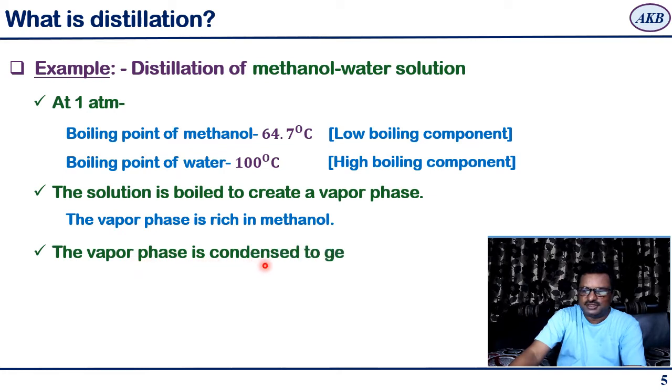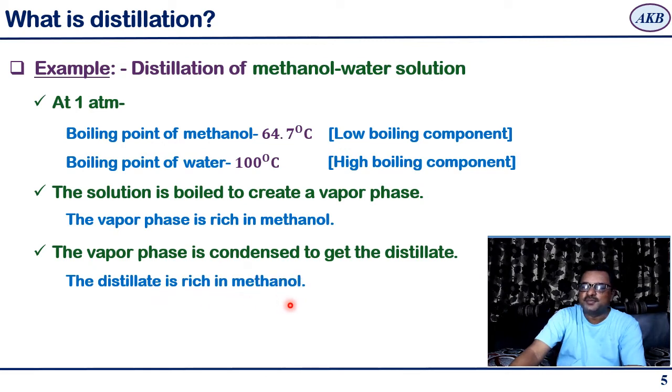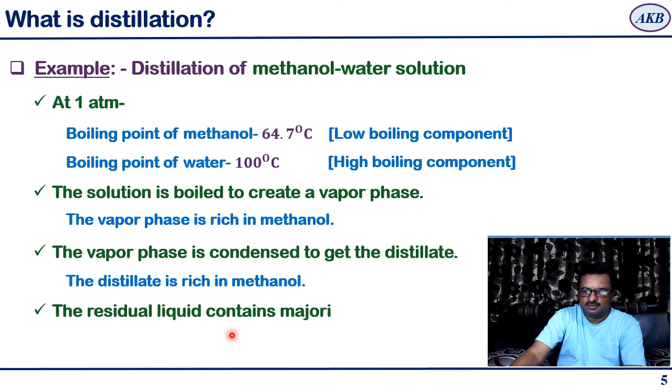The vapor phase is condensed to get the distillate. The resulting vapor phase, created by boiling the original feed solution, is condensed to get the distillate, and of course the distillate will be rich in methanol, the low boiling component. The residual liquid will contain the majority of water.